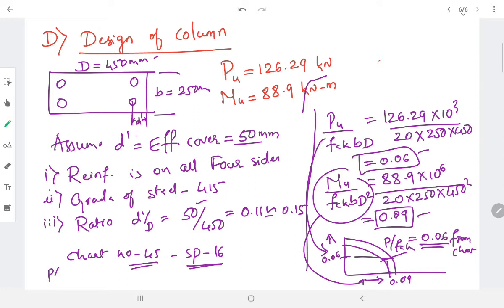After this, p by fck, once we have got from the chart 0.06, it indicates that the percentage of steel to be used is 0.06 into fck into 20, which equals 1.2% of steel to be used in the column.